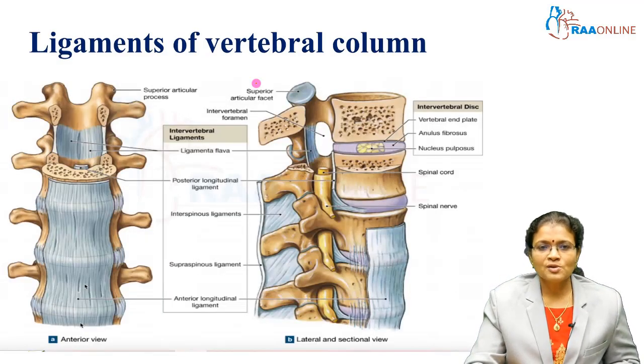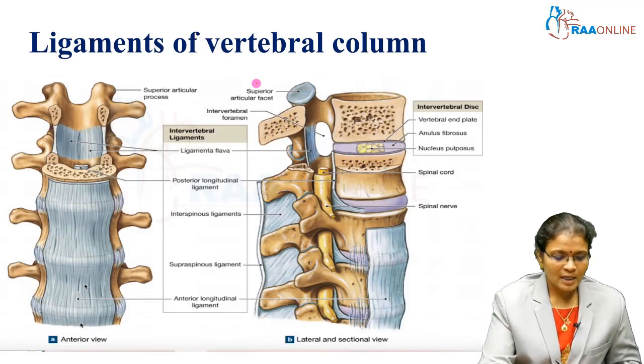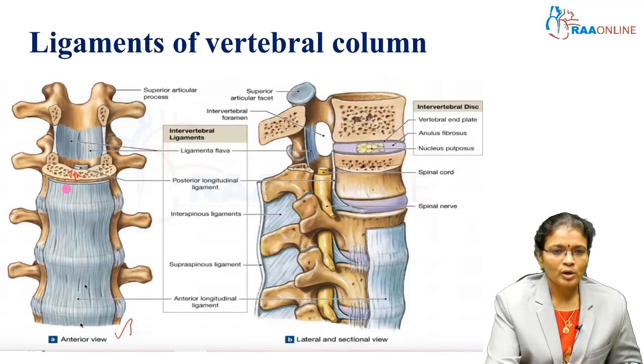Coming to the ligaments of the vertebral column, this is the anterior view of the vertebral column, and all these are the vertebral bodies, and you can see the superior and inferior articular processes.